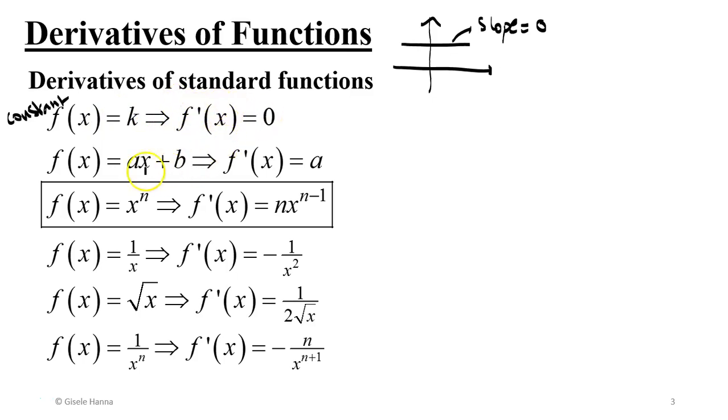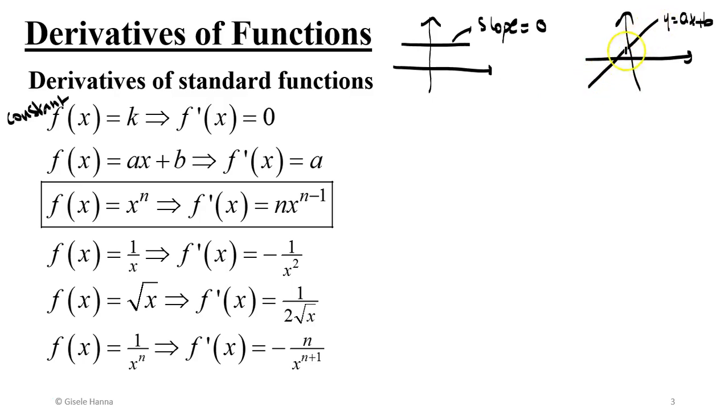a derivative. However, similarly regarding a linear function, if I have any line of equation y equals ax plus b, as I've just mentioned, the derivative, or in fact the tangent, to a straight line is the straight line itself at any given point.